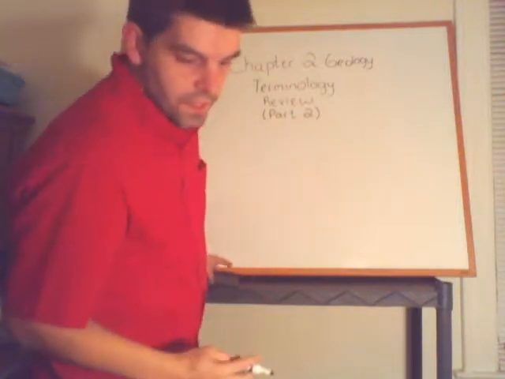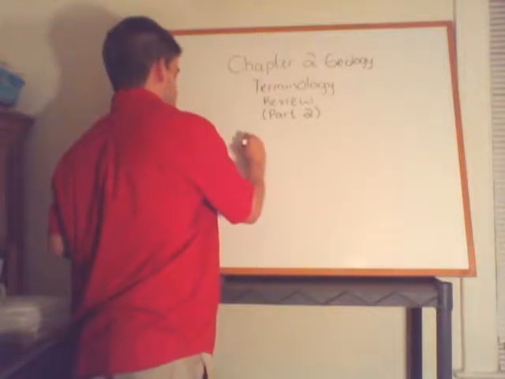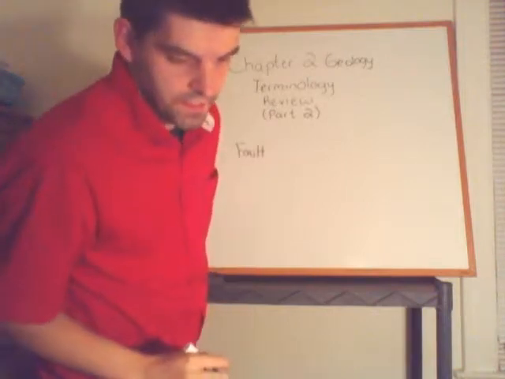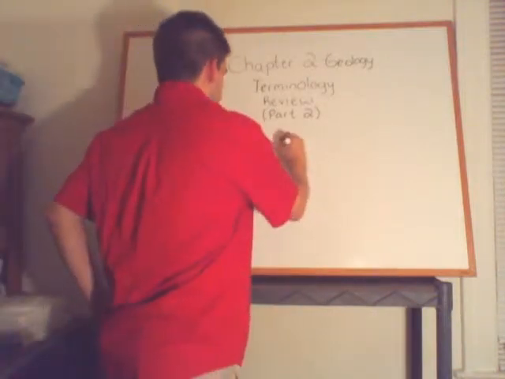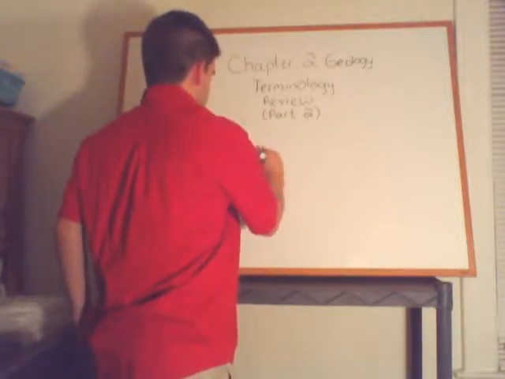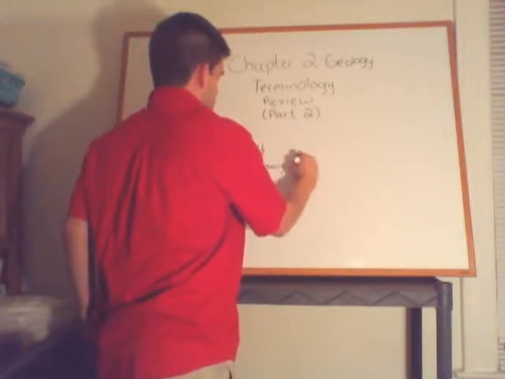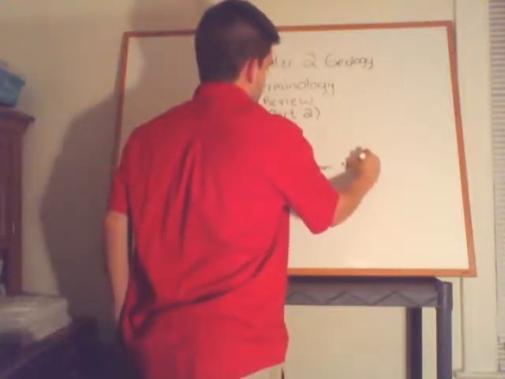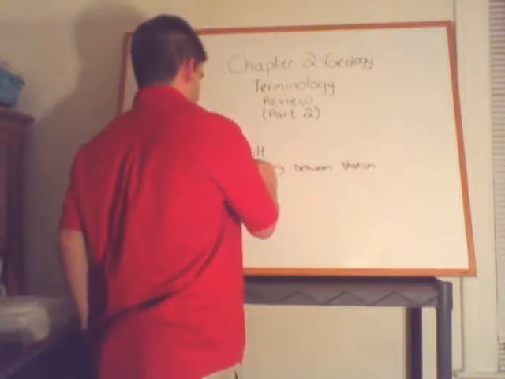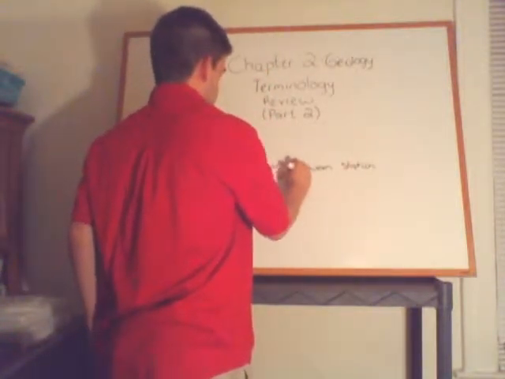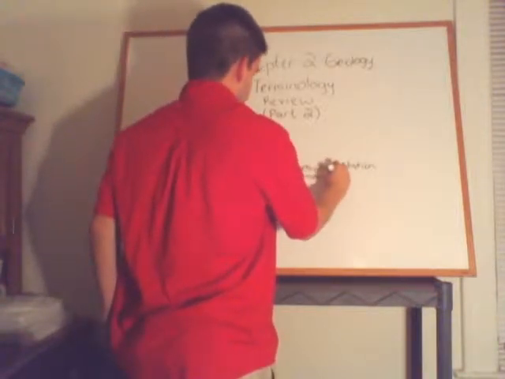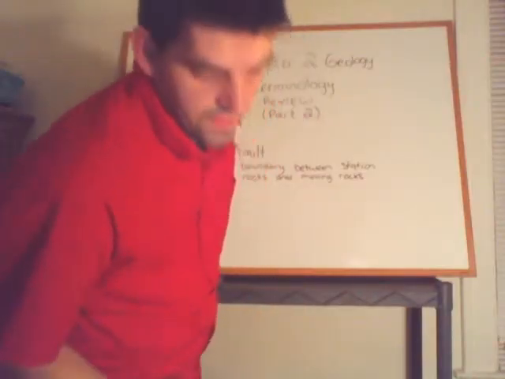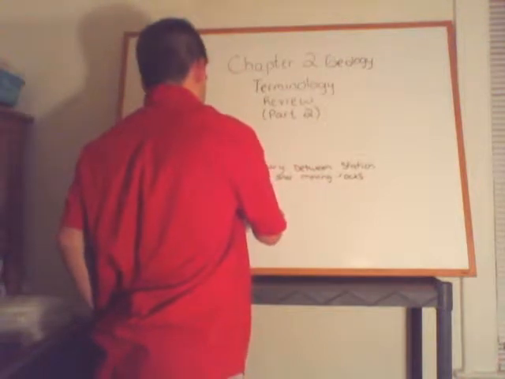Our next definition is fault. It's spelled F-A-U-L-T, and it is a boundary between stationary rocks that may suddenly form during an earthquake.